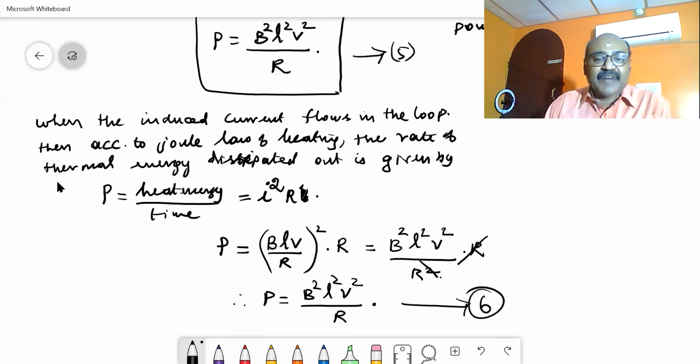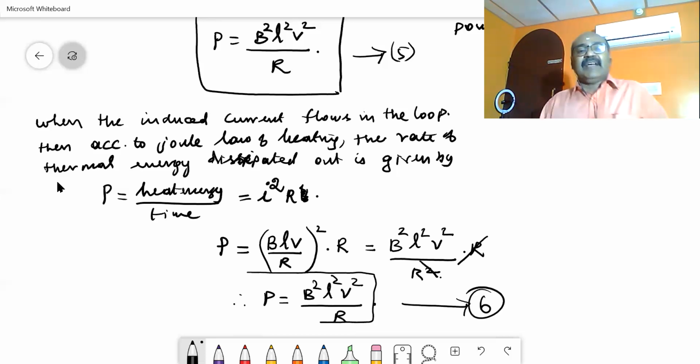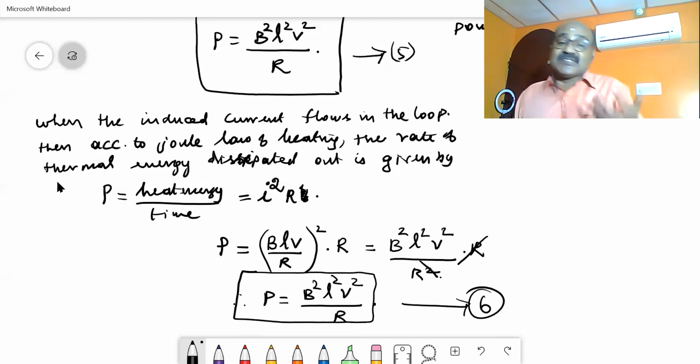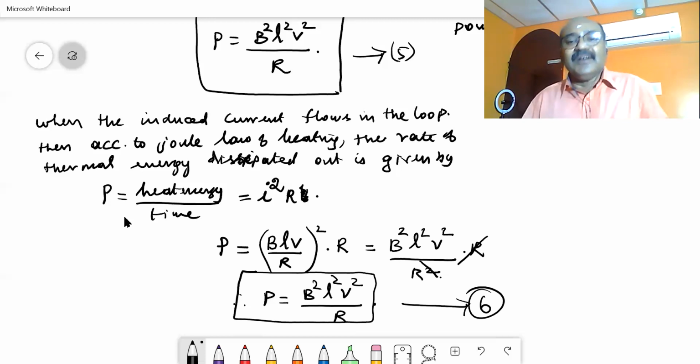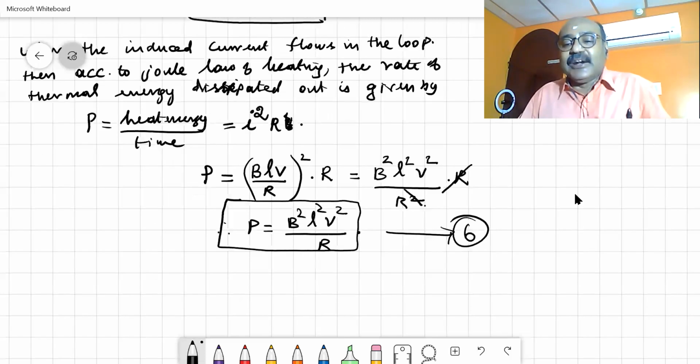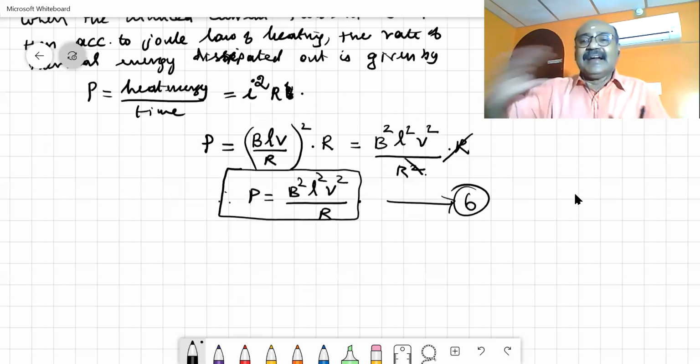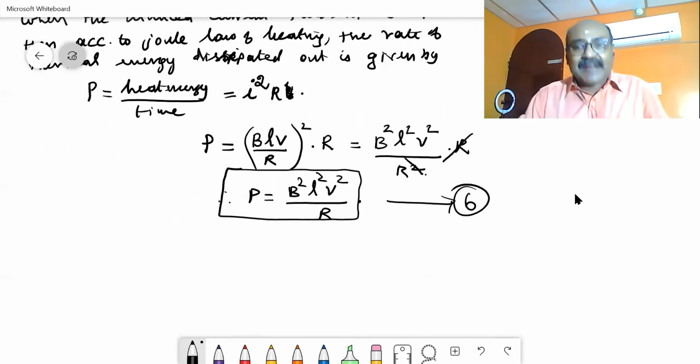From equation 5 and equation 6, we can see both equations are same. So energy is considered to be conserved, which indicates that mechanical energy is converted into electrical energy and dissipated in the form of heat energy. So what conclusion can I write?